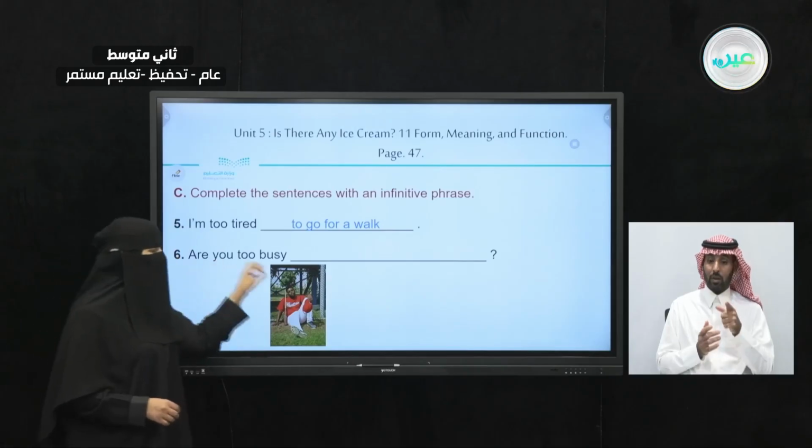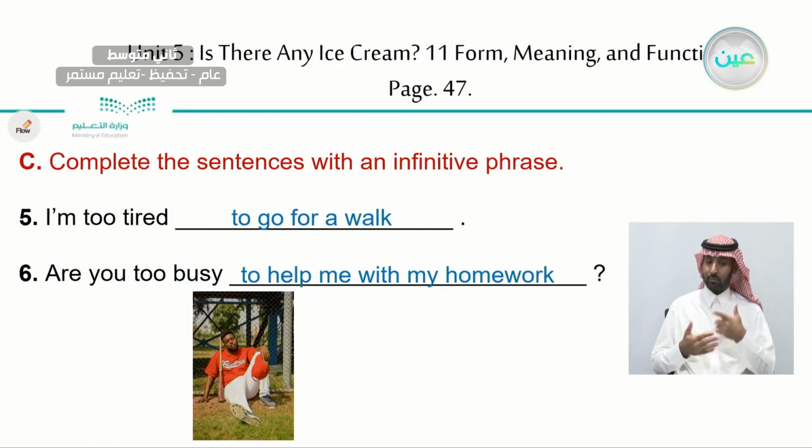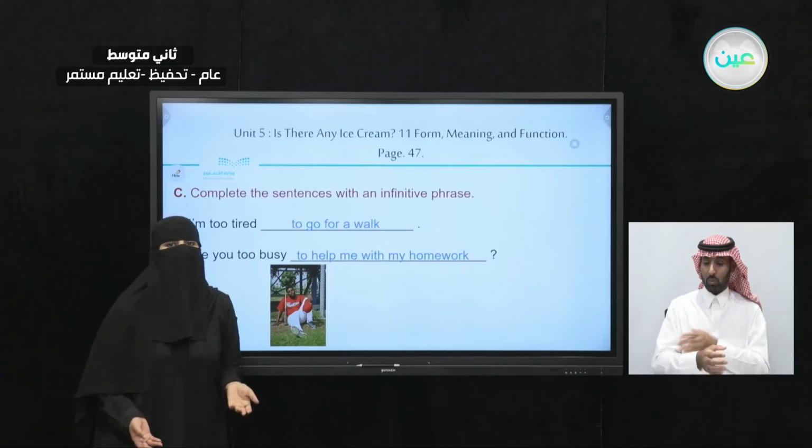Are you too busy to help me with my homework? So here, it's a yes-no question. Are you too busy to help? So for infinitive phrase, we have too busy to help. And before, too tired to go for a walk.